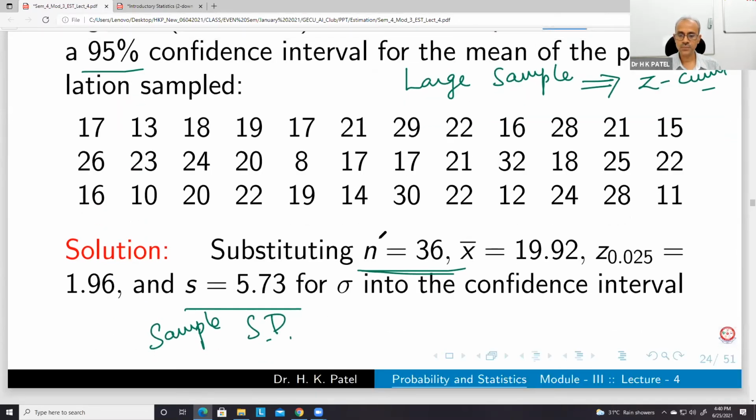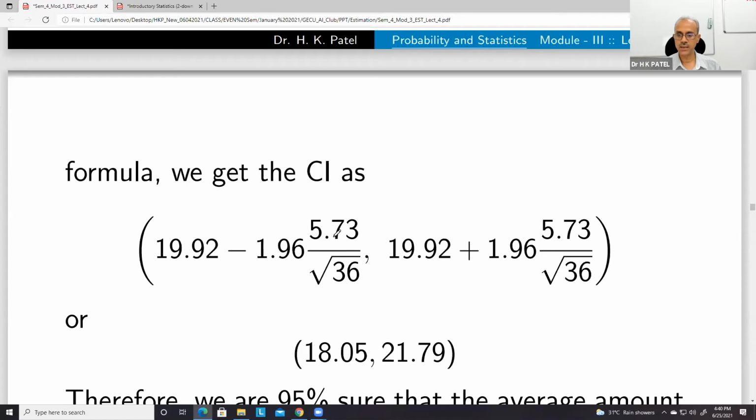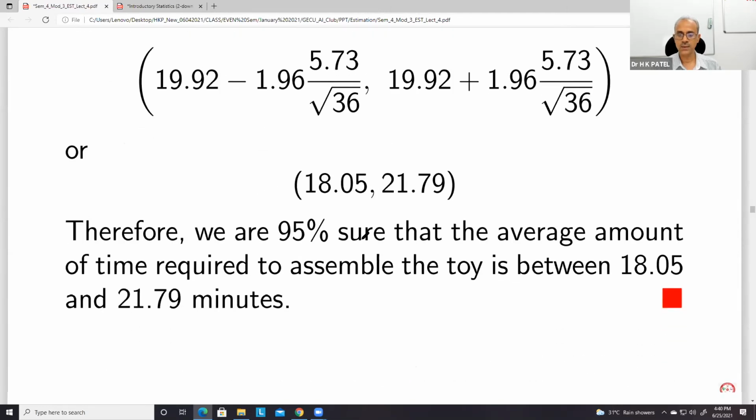Okay. So everything is there. You can see that this is not sigma, but this is S, 5.7. All right. And therefore, we are 95% sure that the average amount of time required to assemble the toy is between these two numbers, 18.05 minutes to 21.79 minutes. And what is our confidence? Confidence is 95%.